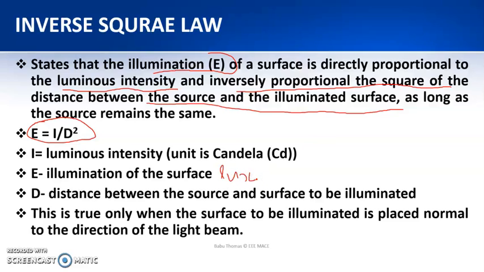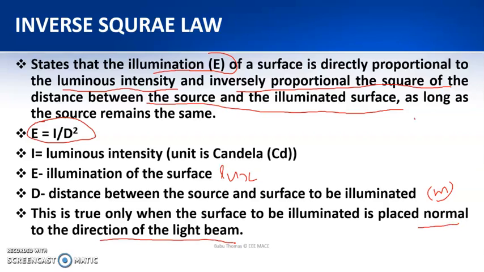And d is the distance between the source and the surface to be illuminated, in meters. This inverse square law is applicable when the system is normal to the direction of the light beam.